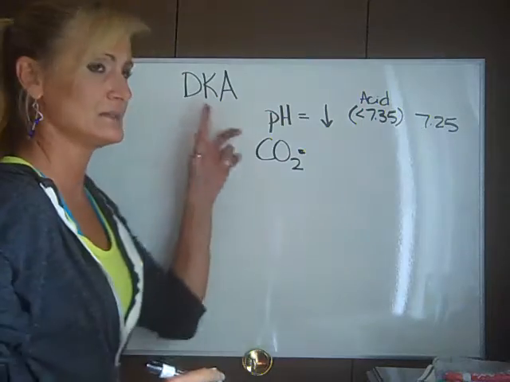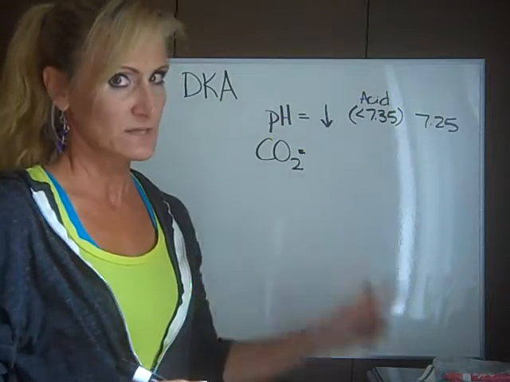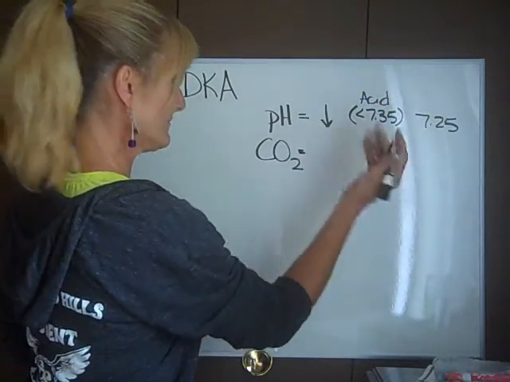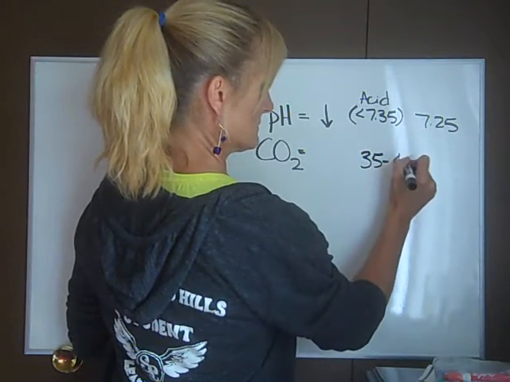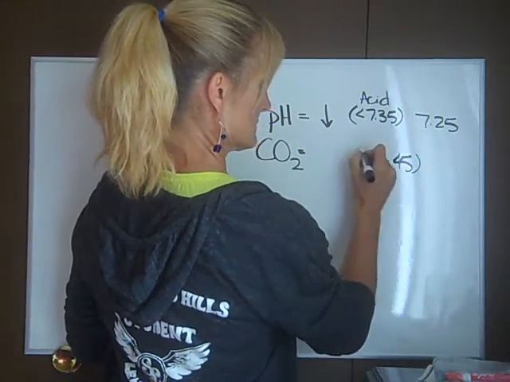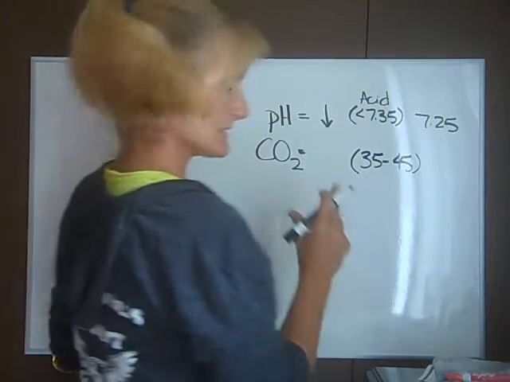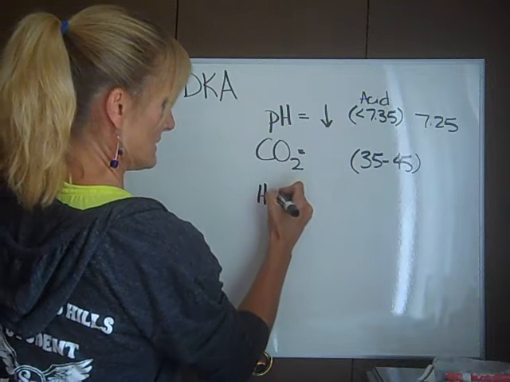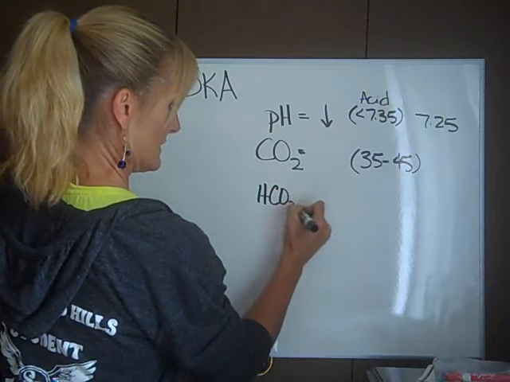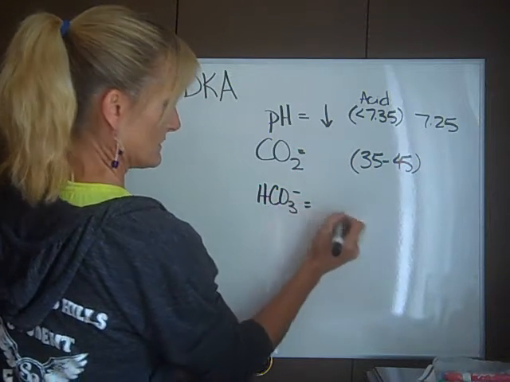Okay, now you look at the carbon dioxide. Now this person has diabetic ketoacidosis. So this is normal. I'm going to come back to this one in a second because I want to tell you something about this carbon dioxide. So then you're going to look at the bicarb, HCO3 negative.